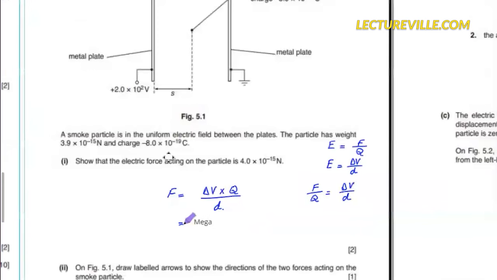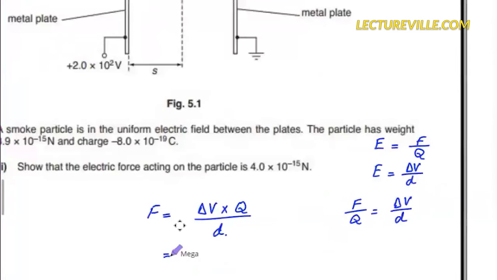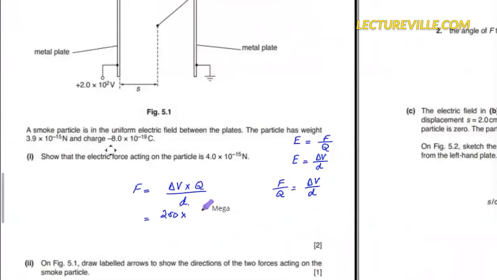Potential difference was 200. Charge on the particle is 8 into 10 to the power minus 19. The negative sign is not important over here because we are looking for the magnitude of the force.